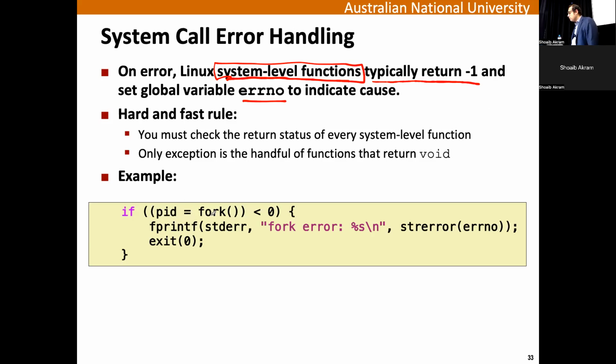So here, we will soon find out what fork does. This is the process ID. So we are calling fork, and whatever is returned by fork, we are storing it in the variable pid, and we are checking if it is less than 0. And this printf statement here is actually writing to standard error.